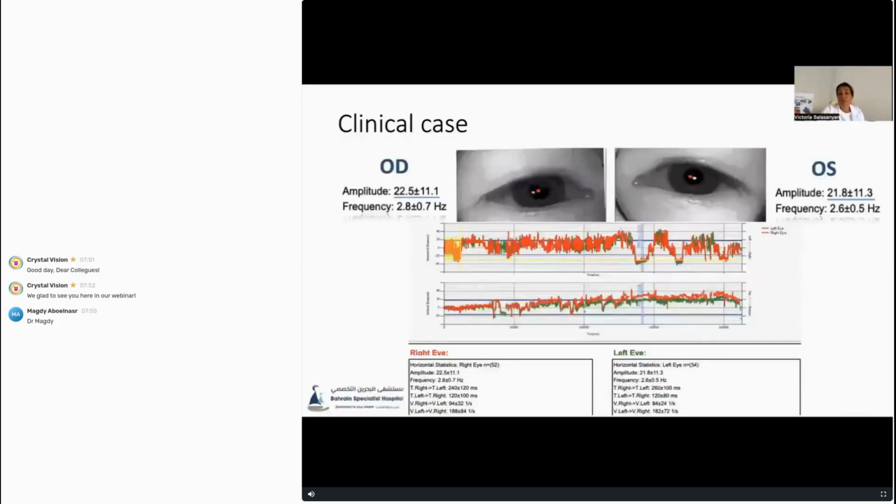When performing nystagmography on this patient, we can observe that in the primary gaze position, the amplitude of the nystagmus remained at 22 degrees.